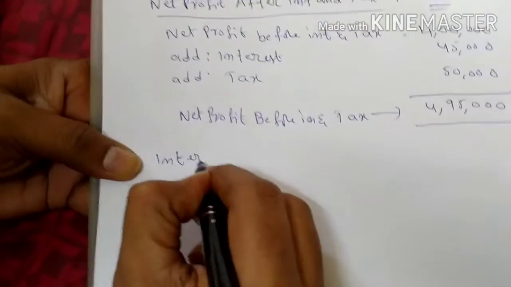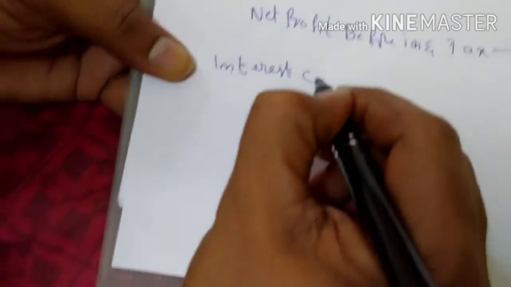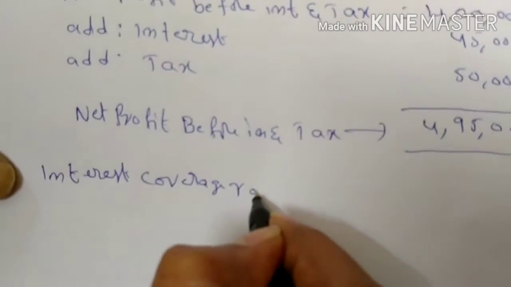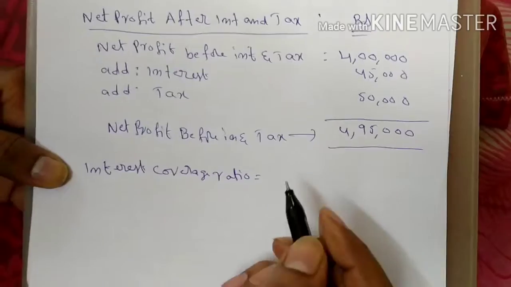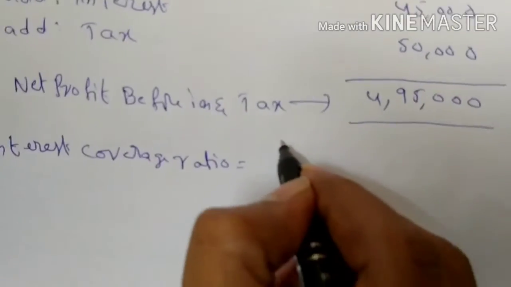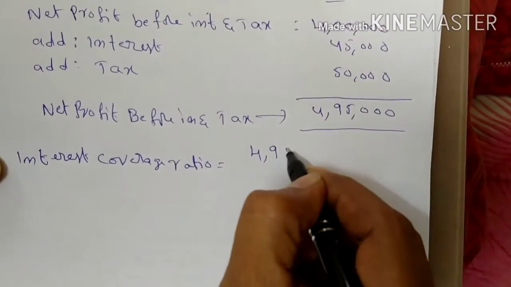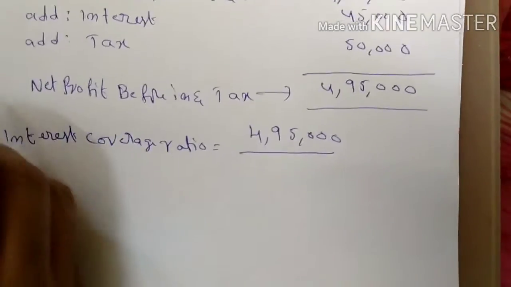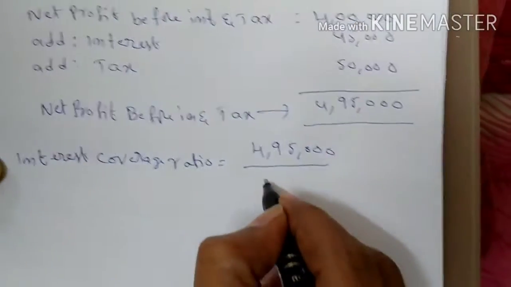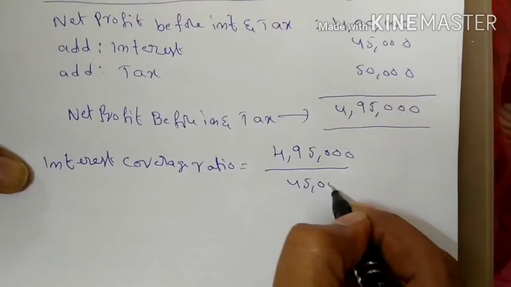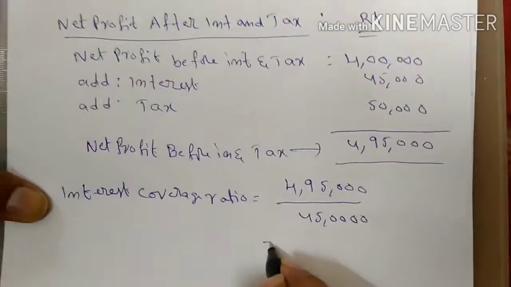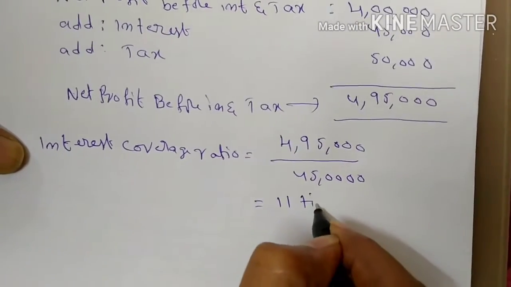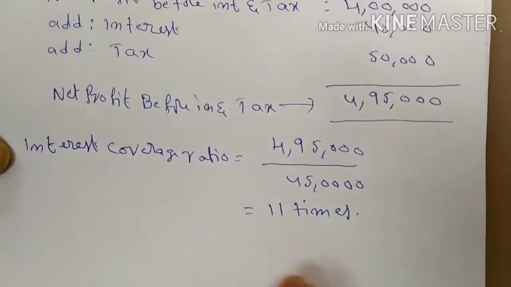Now we will substitute the values in the formula. Interest coverage ratio is equal to 4,95,000 by interest 45,000 rupees, that is equal to 11 times.